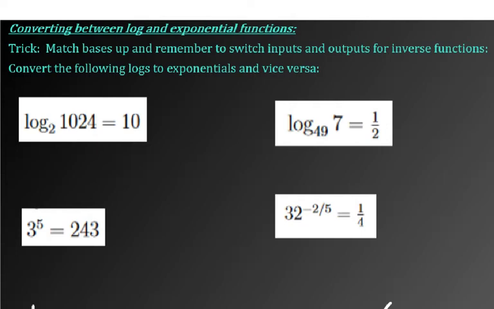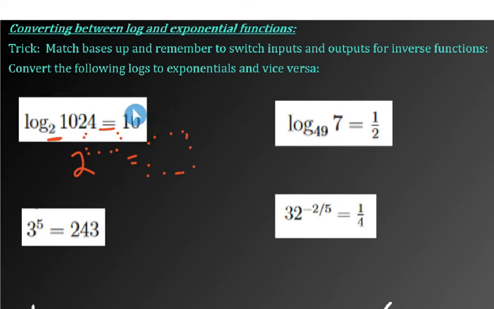So if I wanted to write this first log as an exponential, I can see the base 2. So it's definitely 2, and then there's going to be an exponent, and then it's going to equal something out over here, right? And all you got to do is switch the input and output. So the log base 2 of 1024 is the exponent.